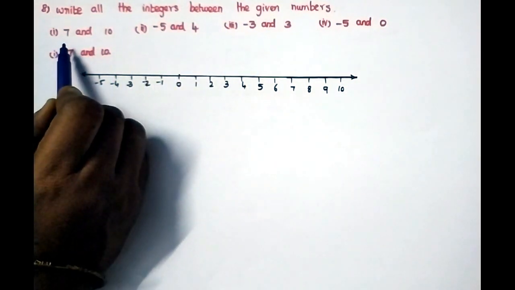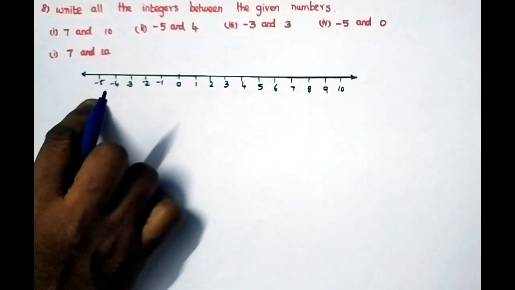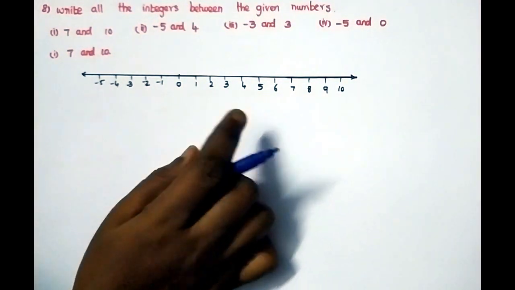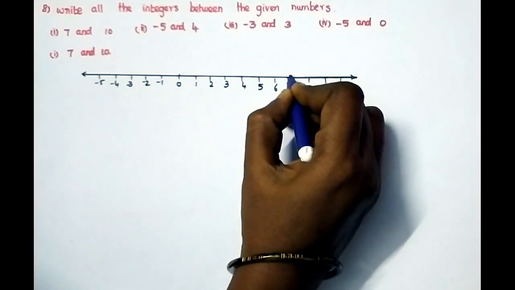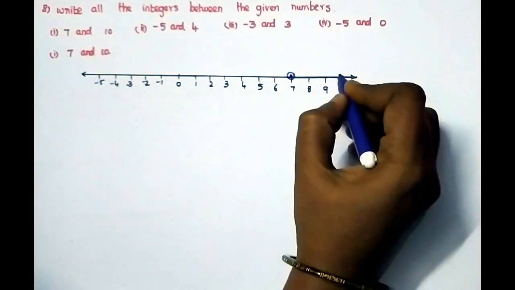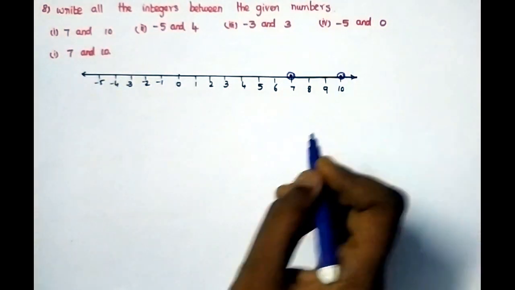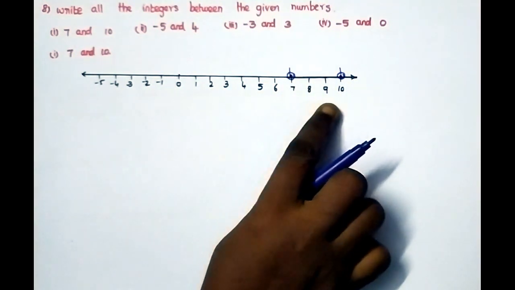Eighth sum, write all the integers between the given numbers. First subdivision 7 and 10. Listen, first draw the number line and mark the number. Here plus 7 and plus 10. What are the number in between?